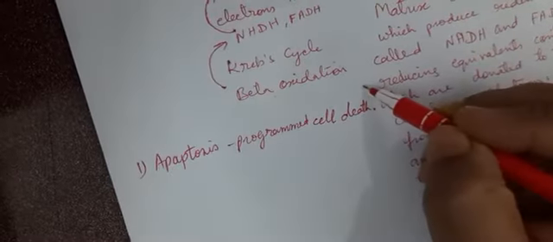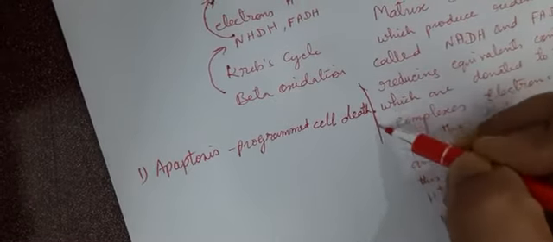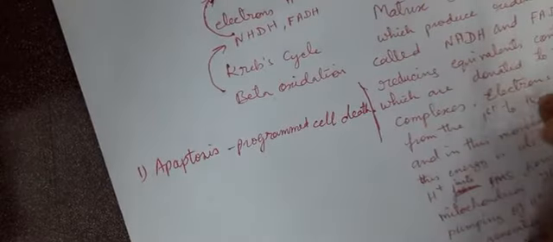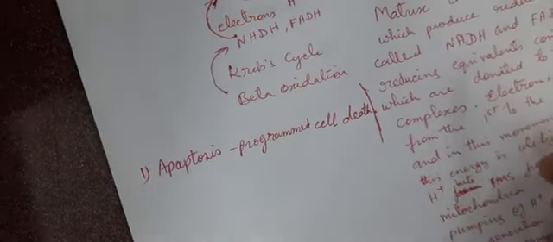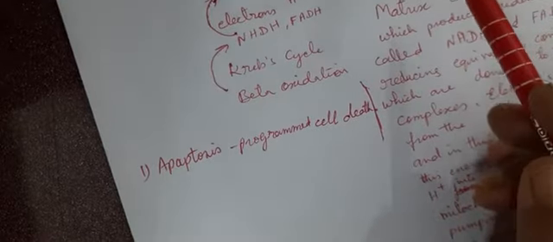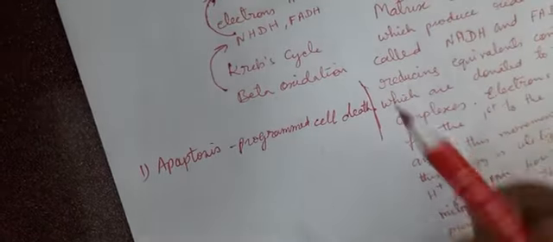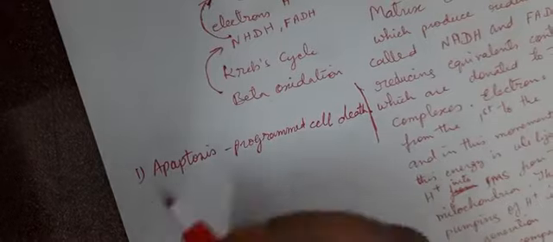Means along with the electron transport chain and the oxidative phosphorylation to synthesize ATP, mitochondria plays a few other roles, that is apoptosis.